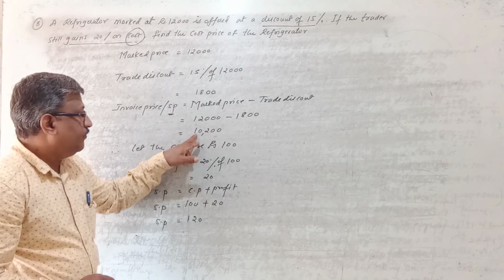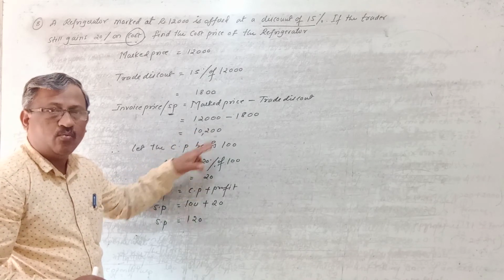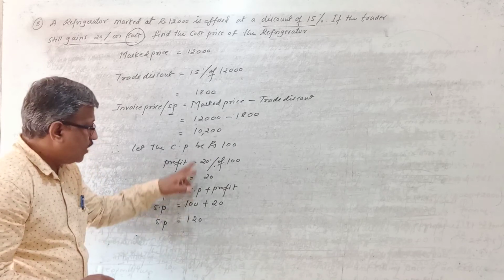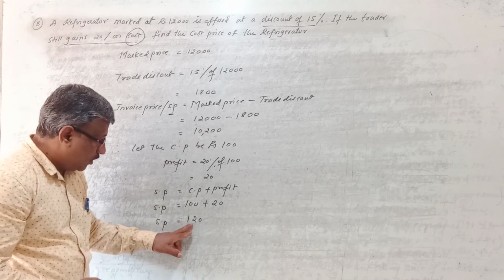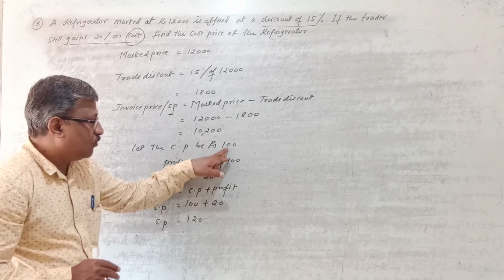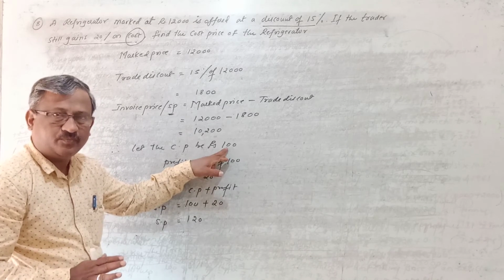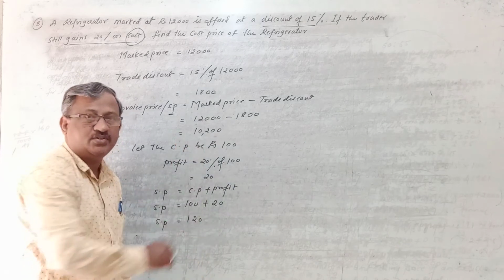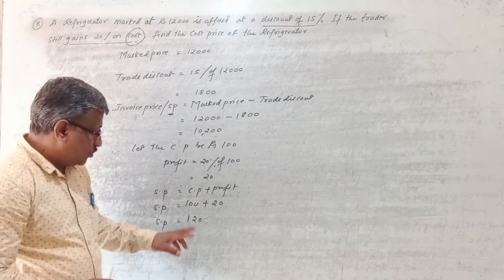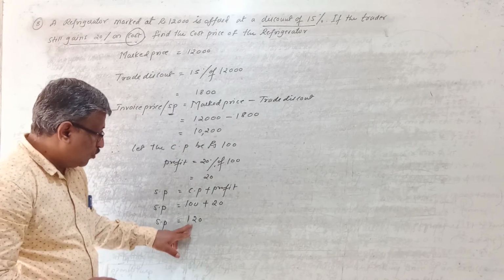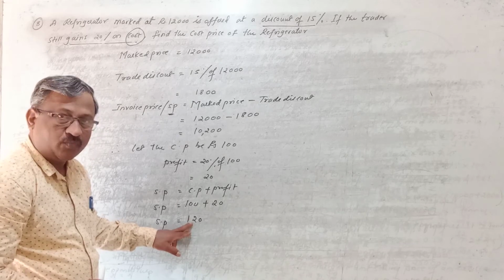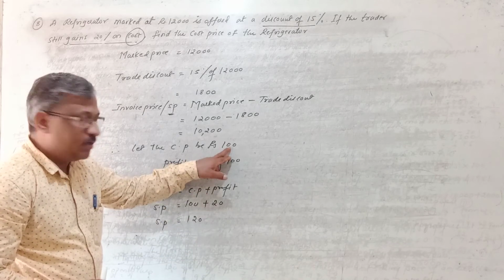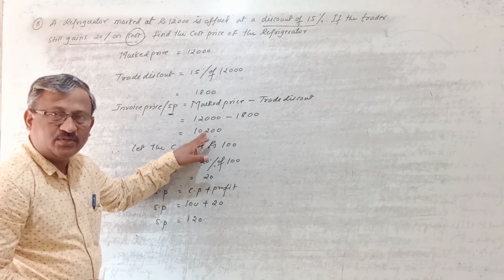But here we are not selling for 120, we are selling for 10,200. So if you are selling for 10,200, I want to know what should be the cost price. As per our assumption, if you are selling for 120, then our cost price is 100. So I know the cost price for this selling price, and I want to calculate the cost price for the other selling price.